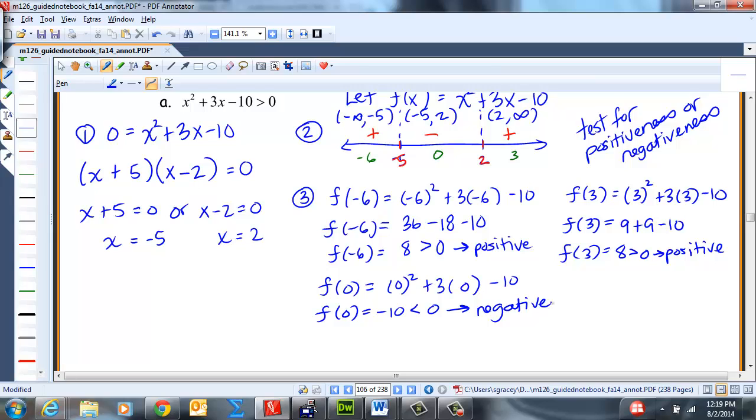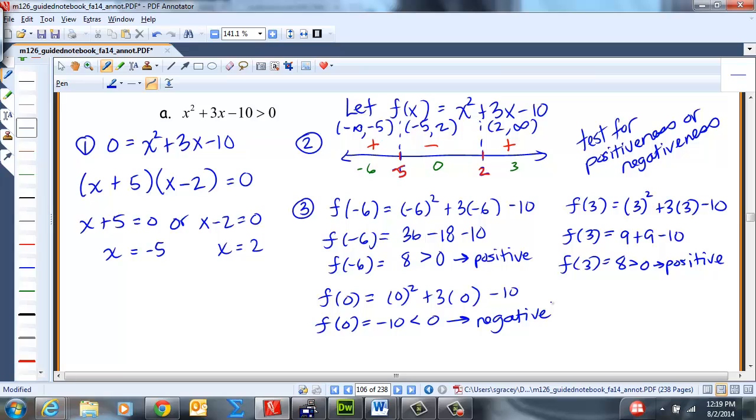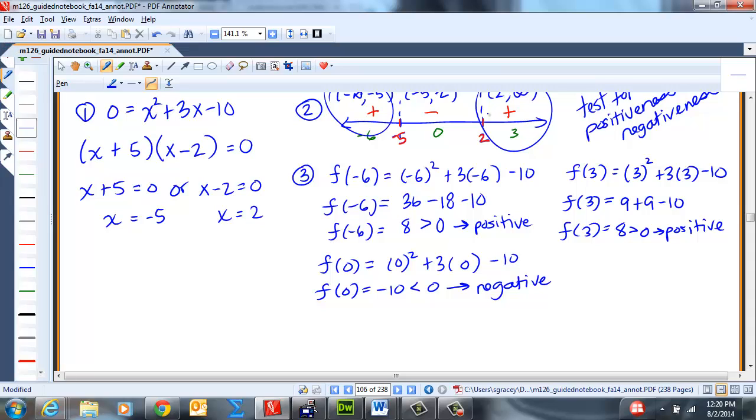Okay, so the fourth step is, well, what do we do with that result? Our original inequality had a greater than symbol. So we will only take the intervals that yield positive y values. Do you see that the left interval and the right interval yielded positive y values? So those intervals about x are the answers. Minus infinity to minus 5 was positive, and 2 to infinity was also positive.